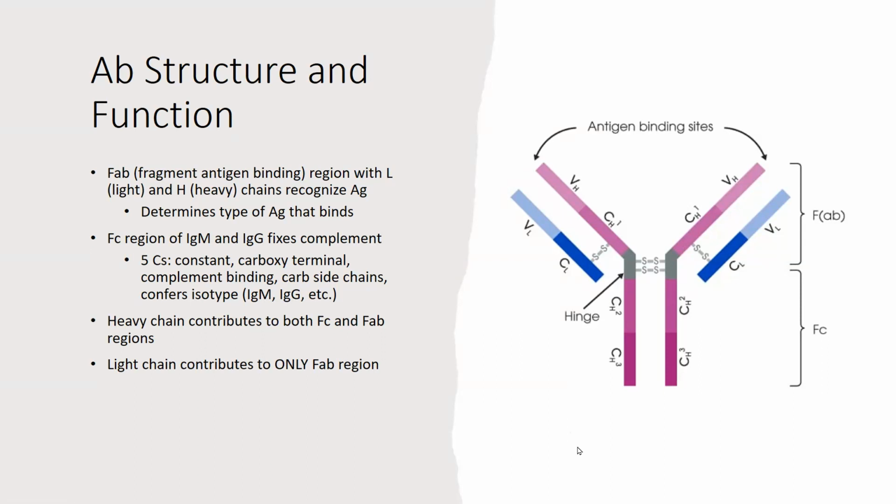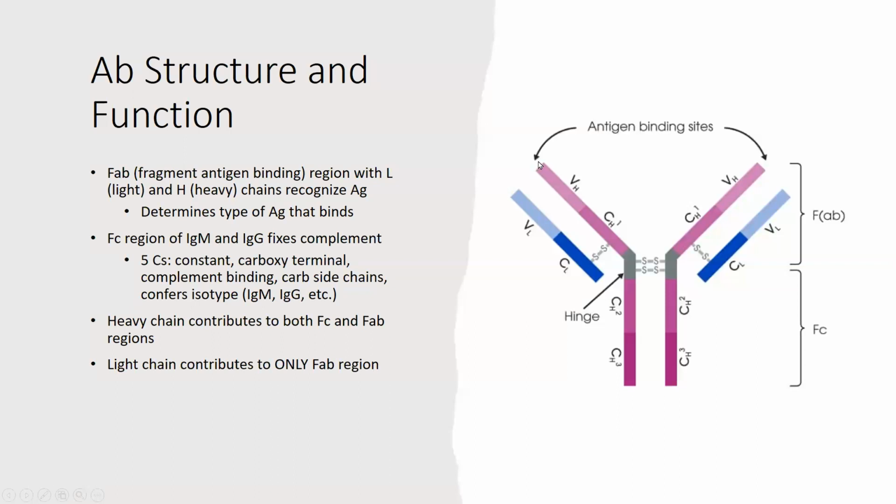The Fc region is what decides if it's going to be IgM or IgG, or what class of antibody it's going to be. Fab determines the type of antigen it's going to bind to. Okay.